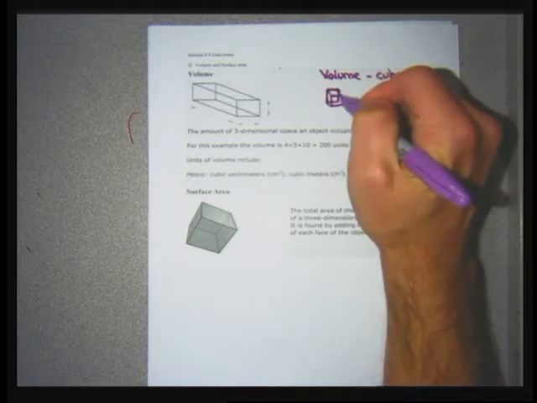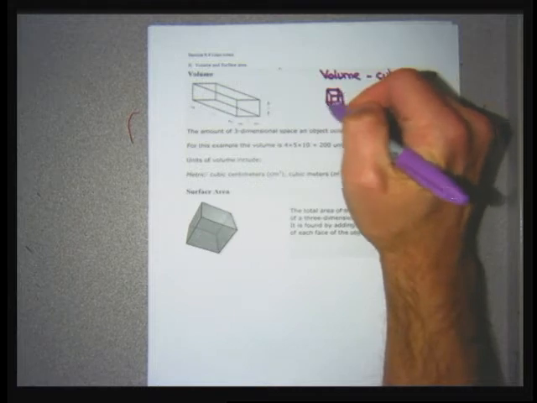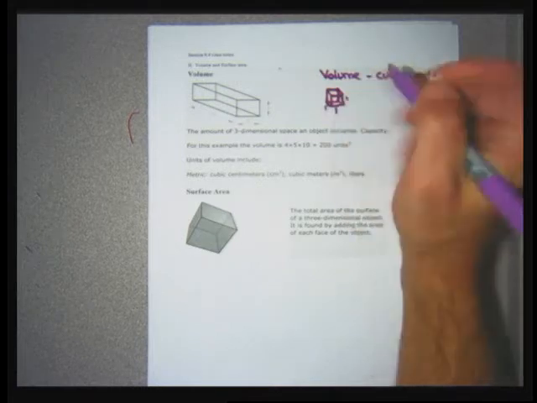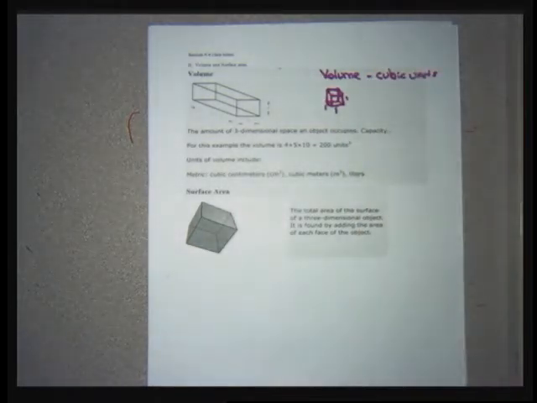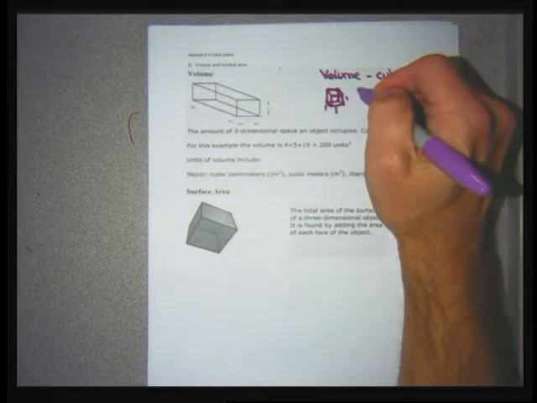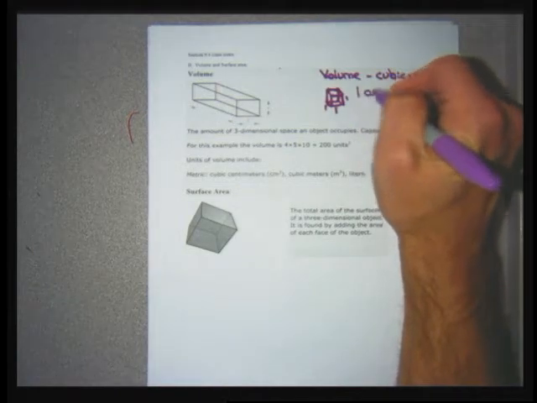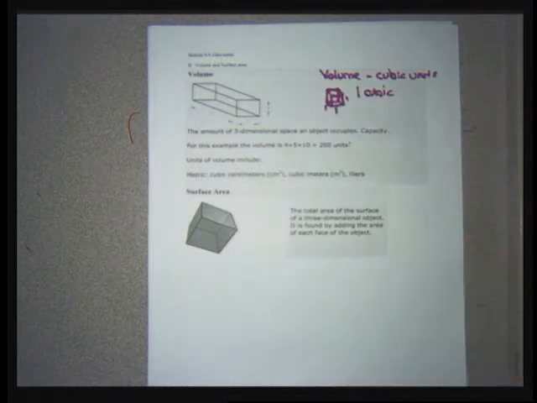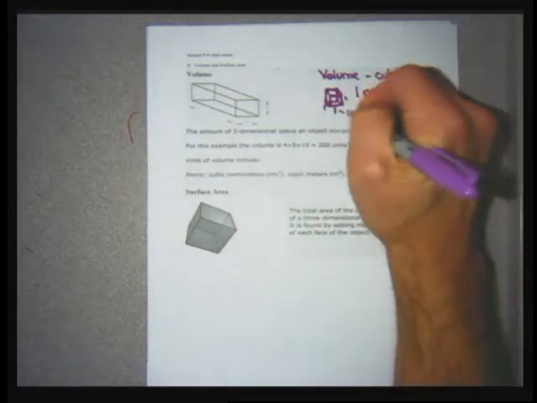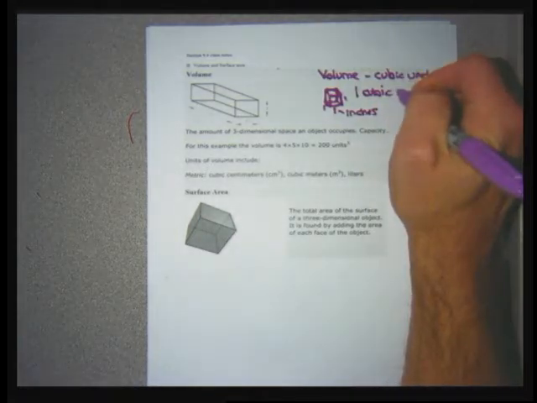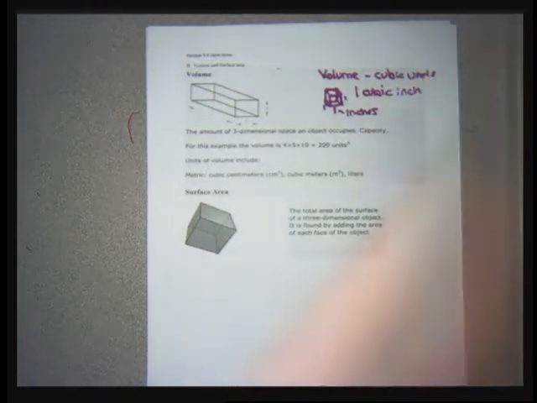If you have a cube that's 1 unit by 1 unit by 1 unit, so if it's 1 unit wide, 1 unit high, and 1 unit deep, that would be a cube that is 1 cubic unit. And if these were inches, then I'd say the volume of this cube would be 1 cubic inch.